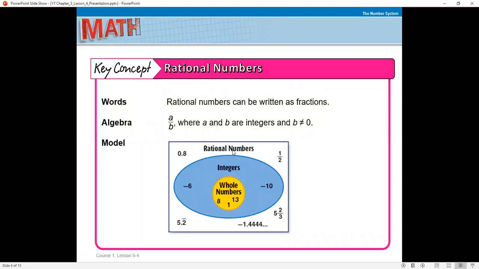So these are rational numbers out in the white. All of the ones inside the box are rational numbers. This is a decimal. This is an integer. And these are whole numbers. So fractions, positive and negative integers, whole numbers, and decimals, those are all rational numbers.